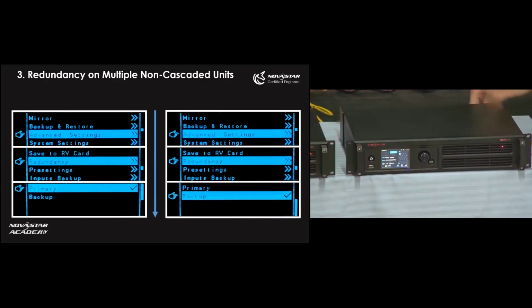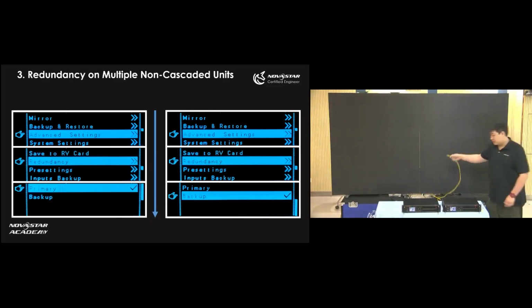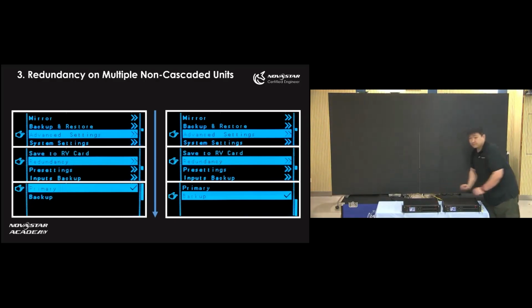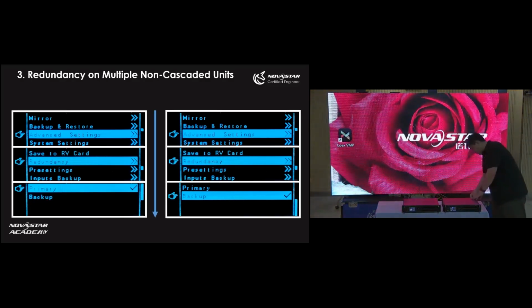Okay, now we put the primary ports into the primary device, and we put the backup ports into the backup device. And now let's unplug the primary.